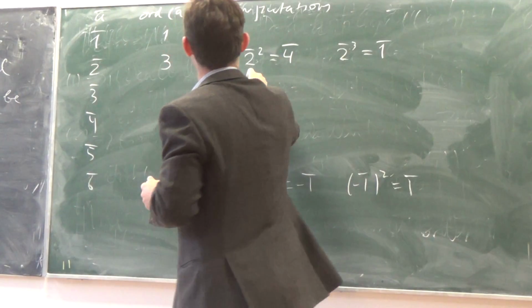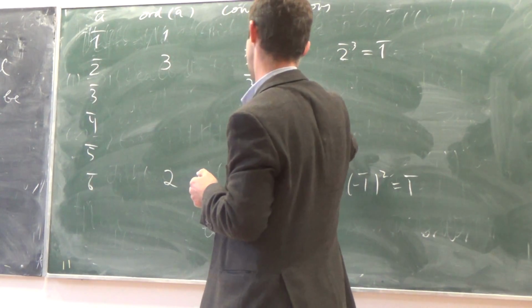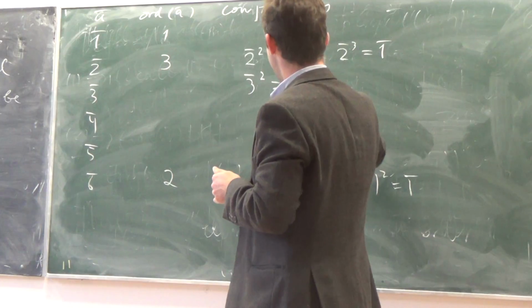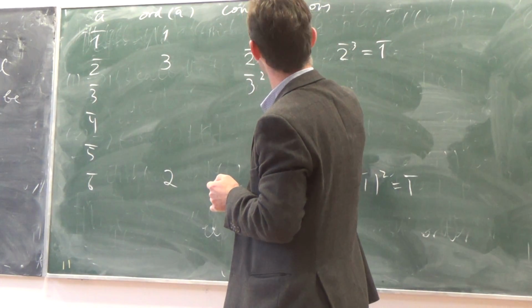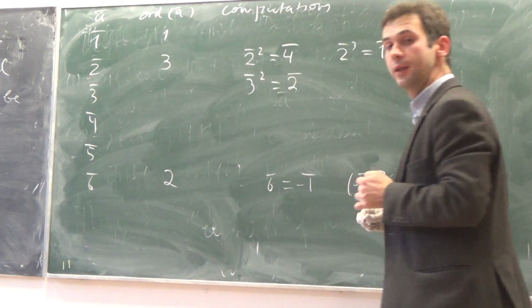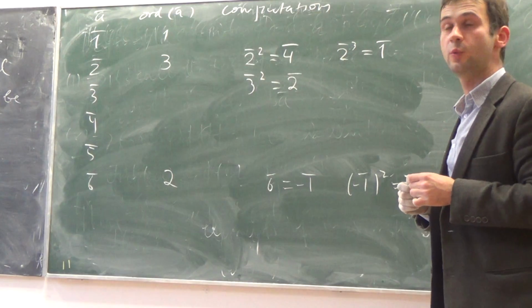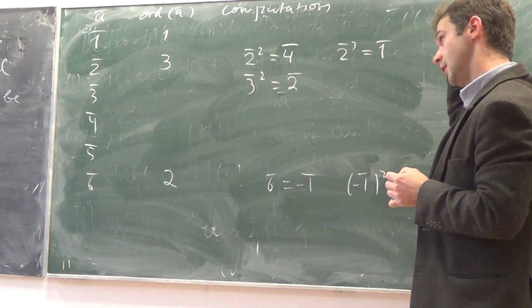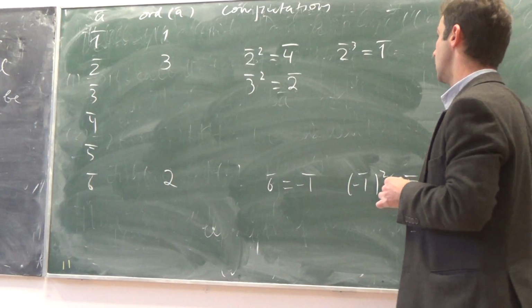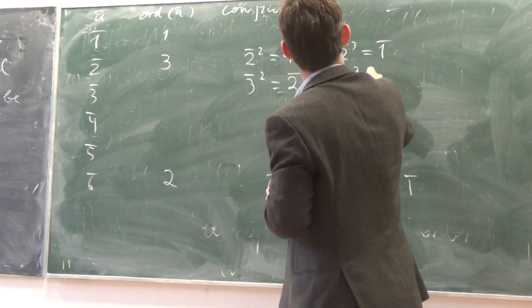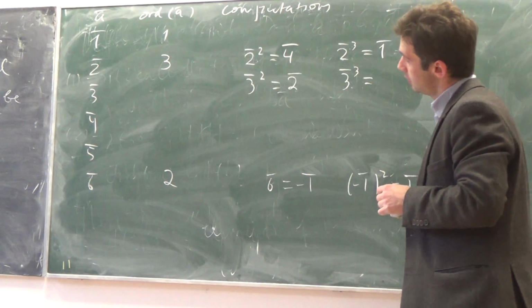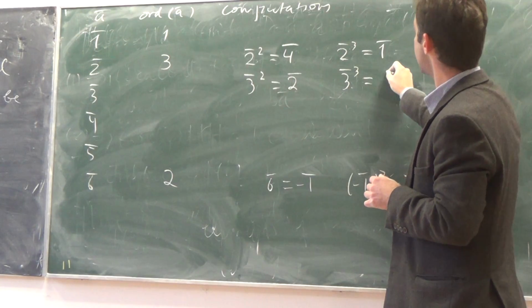Now 3 squared is 9. Mod 7, it's a 2. This is not a 1, but 3 cubed is 27. It's a 6.